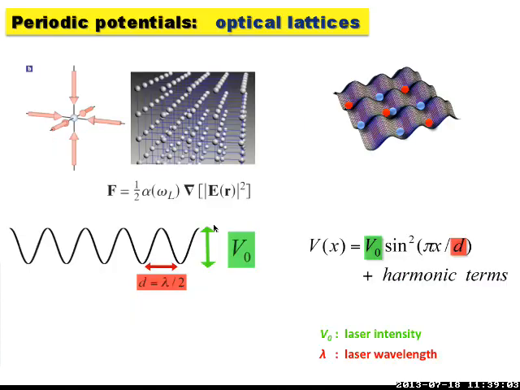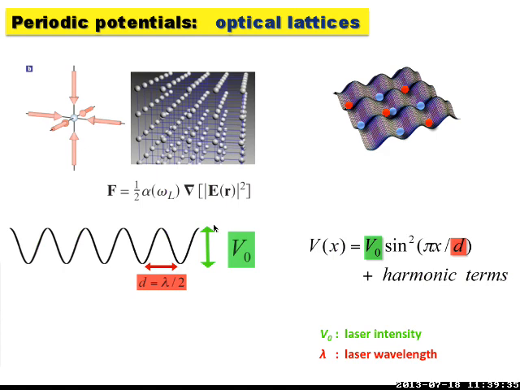So what we want is that our atoms also move in a periodic field. This can be created using so-called optical lattices. This is a very well-established experimental technique where you shine pairs of counterpropagating laser beams. They form standing waves, and the atoms, when they move in these laser fields, experience a force proportional to the gradient of the square of the electric field.